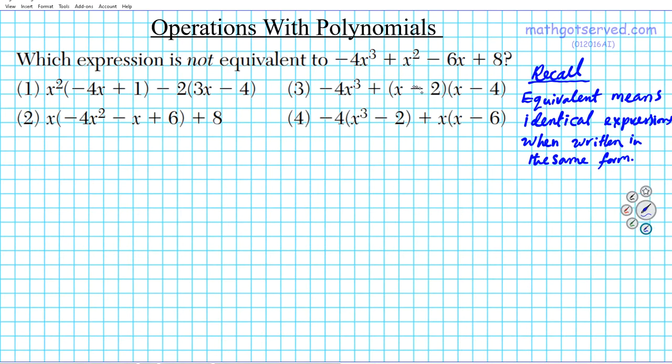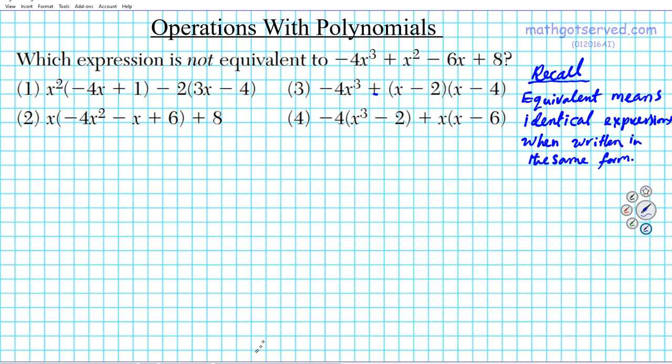If you take a look at this polynomial expression we have up here, this is basically the standard form for this expression. It's completely expanded and is written in descending order of degree: third degree, second degree, first degree, and then the 0th degree constant.